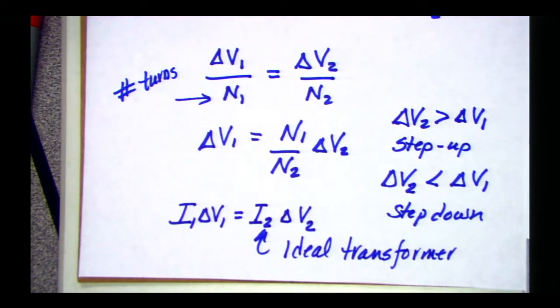You can look at power losses associated with transformers. You can look at what the differences are in power losses. But those are our transformer equations. This gets us about 2/3 of chapter 21.